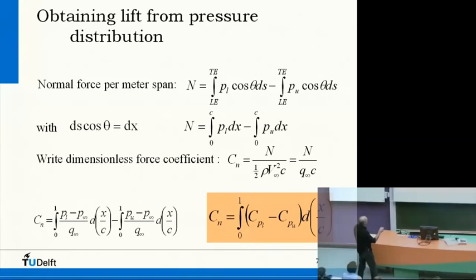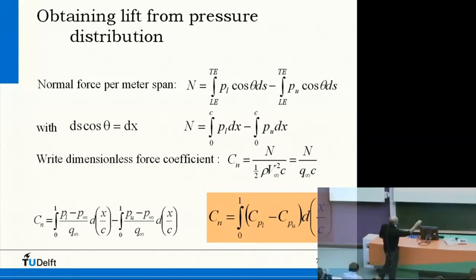So if we look at the normal force per meter span here, then we have to integrate all these pieces ds, from the leading edge to the trailing edge, on the upper surface and on the lower surface, and we subtract the two. So p lower cosine theta ds minus p upper cosine theta ds. And here you see cosine theta ds, which is dx.